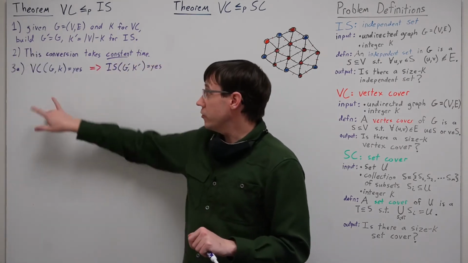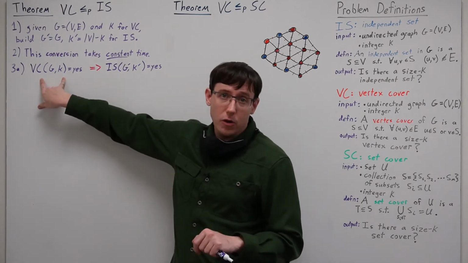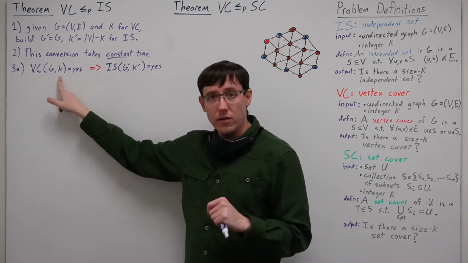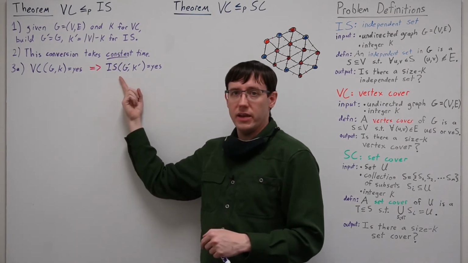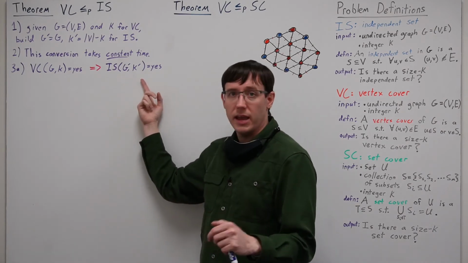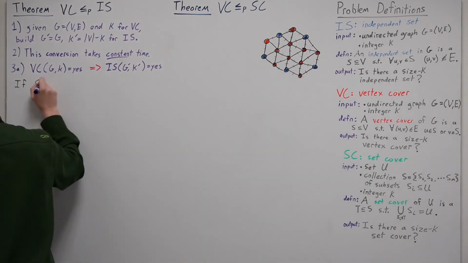So first we want to show that if the original graph had a size k vertex cover, then the new graph will have a size n minus k independent set.